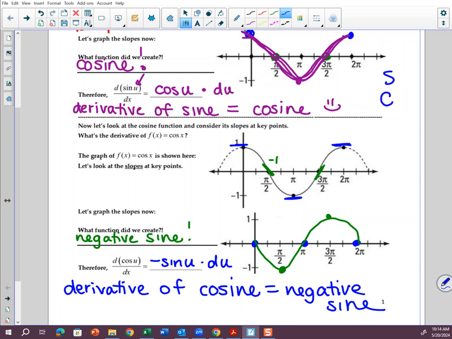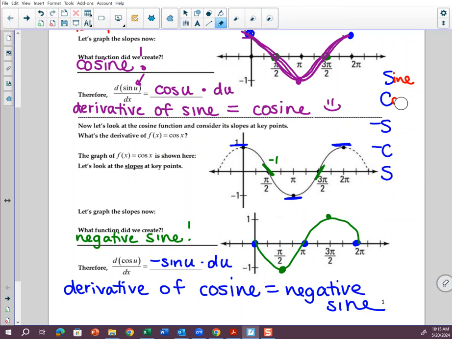Another way, there's like a little device here. If S stands for sine and C stands for cosine, wherever I start, one step down is a derivative.